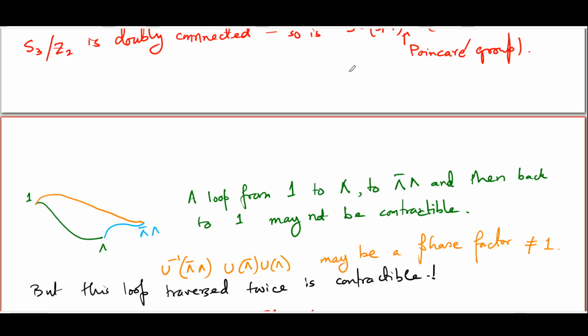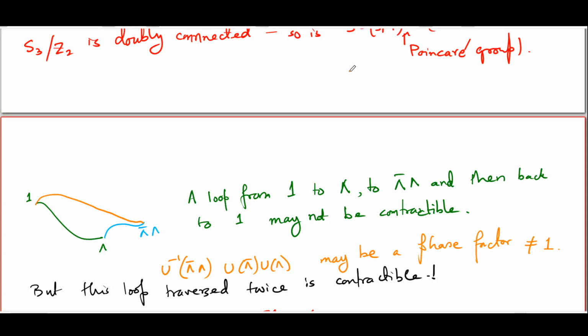Now this loop may or may not be contractible because the Lorentz group in general can have non-contractible loops. And this immediately tells us from our analysis of projective transformations that even though we have been able to rid the Poincare algebra of the central charges completely, it may not be true that it does not have projective representations.